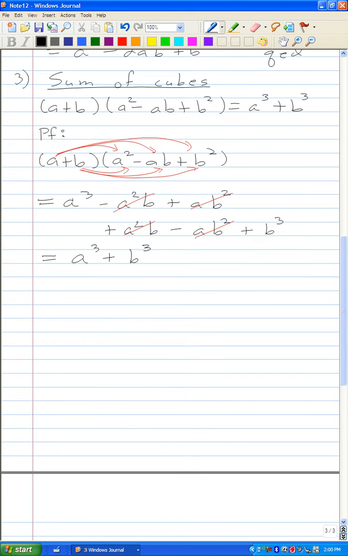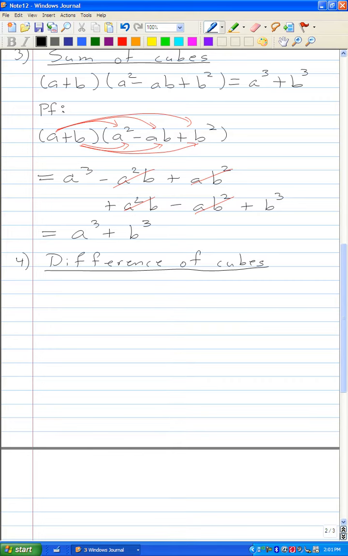Let me do number 4. Difference of cubes. So I have here a minus b, a squared plus ab plus b squared is a cubed minus b cubed.